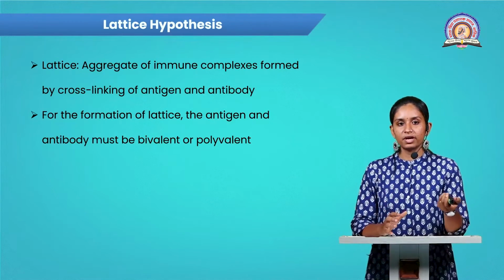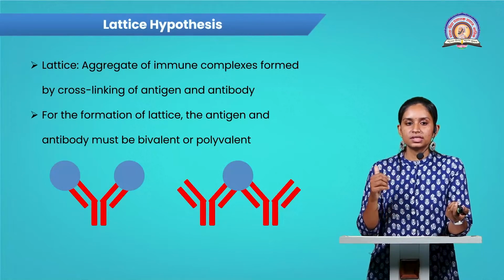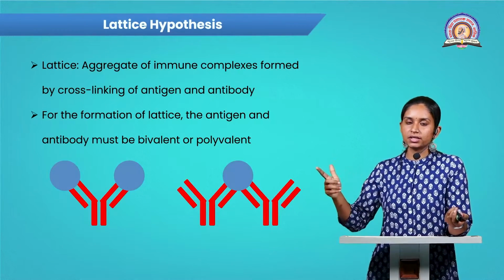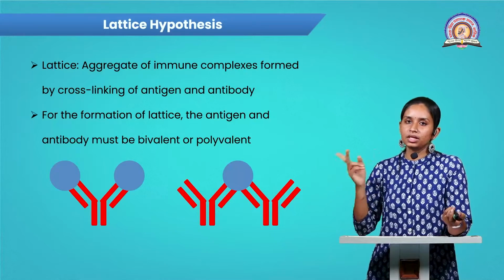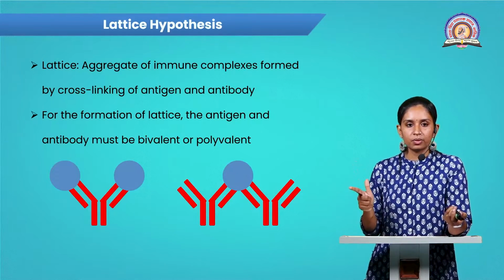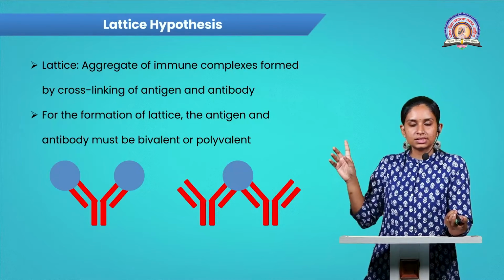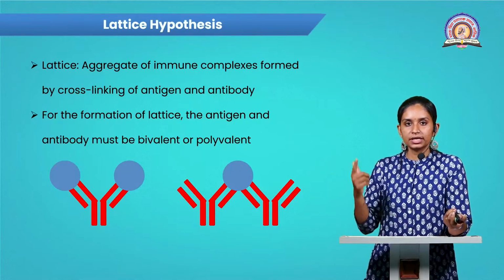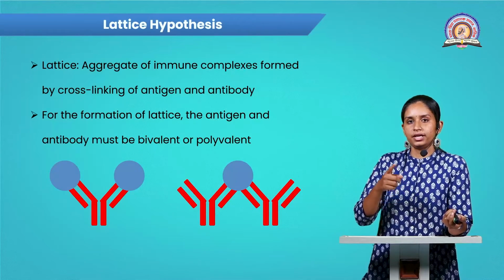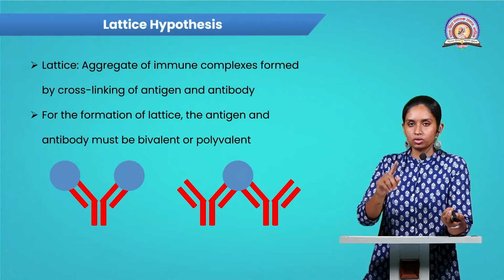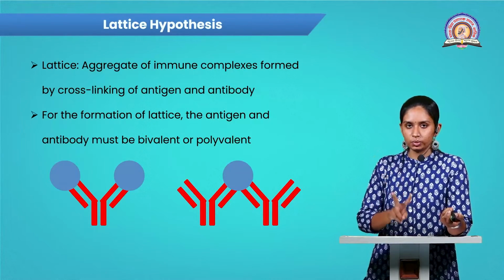So what is required here? If you consider this antibody, you can see that it is interacting with multiple antigens. That means that antibody is bivalent. On the other side, in the second diagram, that antigen molecule is interacting with two antibody molecules. So it is again bivalent only.